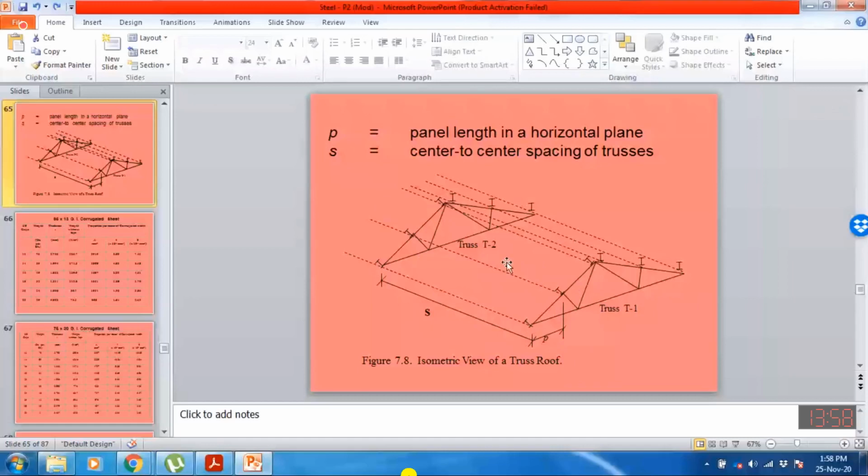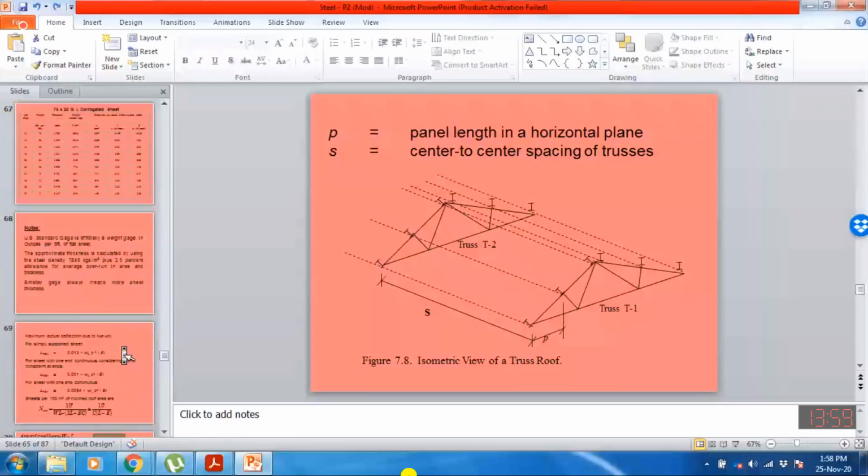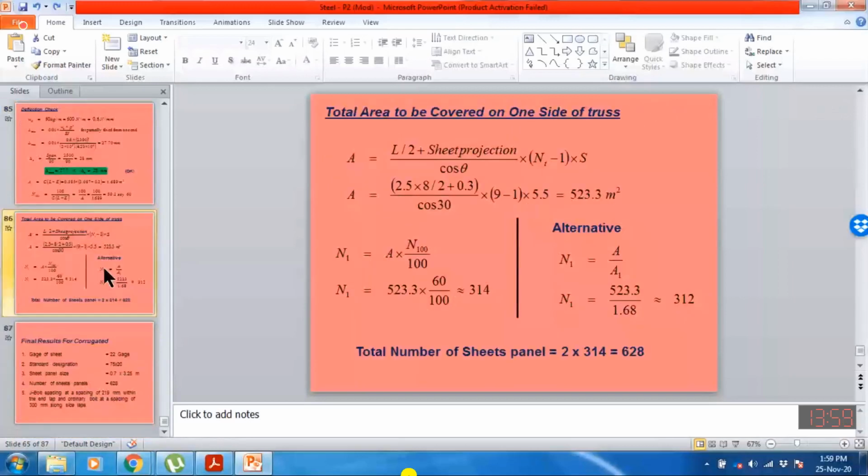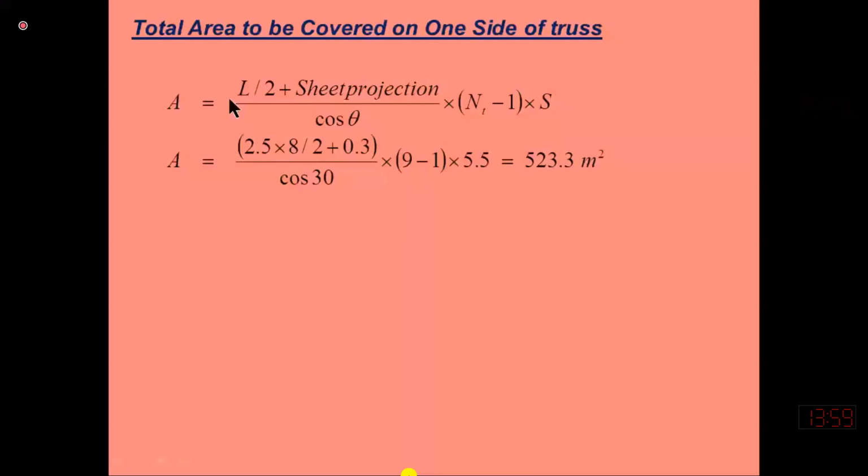I believe that I have already explained this formula in my last class. So the area covered on one side: length divided by 2, half of the truss length plus sheet projection, divided by cos theta. This will be the inclined length, and I'm multiplying it with the spacing of the purlin.